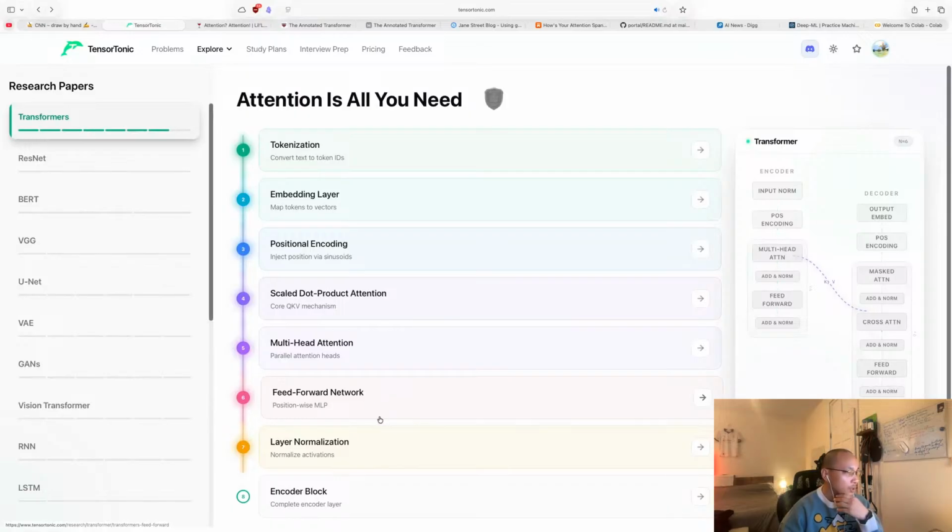And then the feed-forward network is a very simple multi-layer perceptron, which has its own weight matrix, then a bias, then an activation, and then another weight matrix that gives you the output. And the layer normalization, if I remember correctly, let me see.